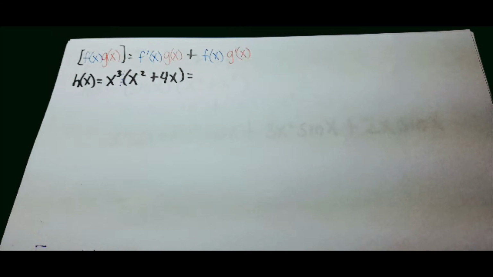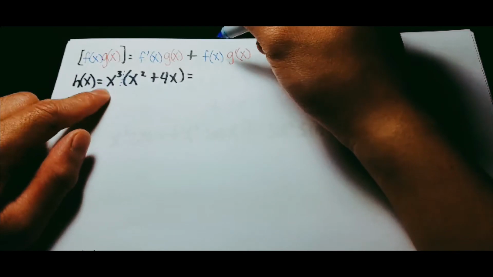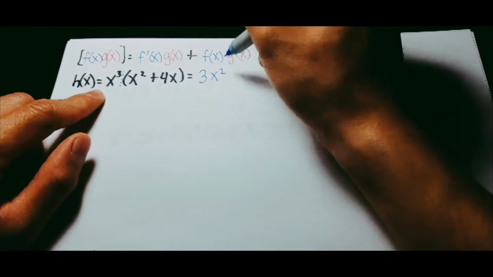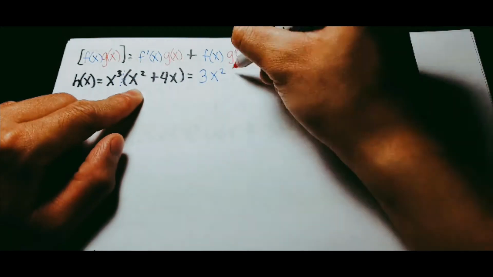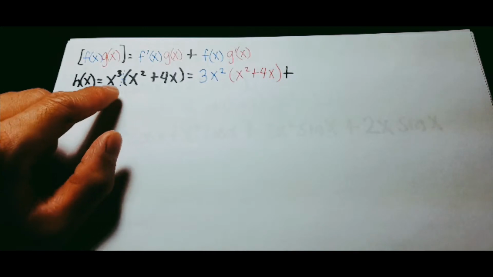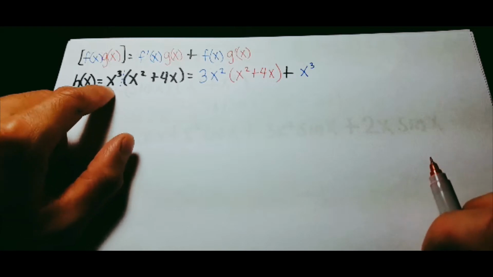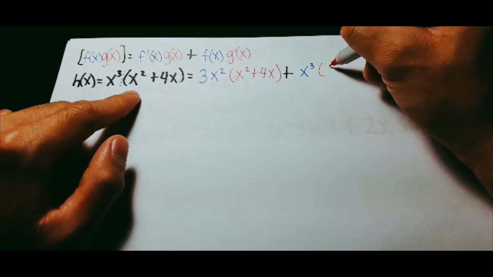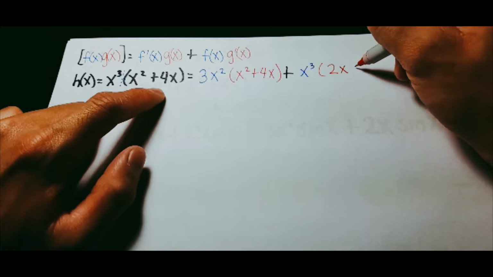So we'll have f prime of x, which in this case is going to be the derivative of this, which is 3x squared, times g of x, which is just going to be this one, plus f of x, which is going to be x to the third power, times g prime of x, which is going to be the derivative of this, 2x, plus 4. Derivative of 4x is just going to be 4.